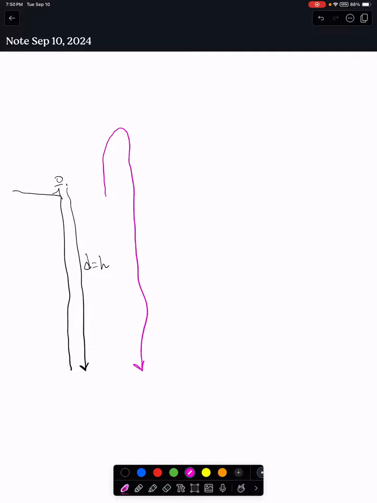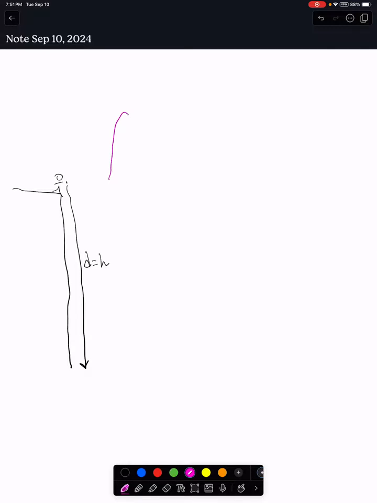And it travels a very much larger distance, but in the end, she's just displaced that coin by exactly the same displacement of H. Remember, displacement is just the measurement between where you started and where you finished. So if she throws it straight up, straight down, it still gets displaced by displacement H. Those are the two things that are going to be the same that I want to set equal to each other.